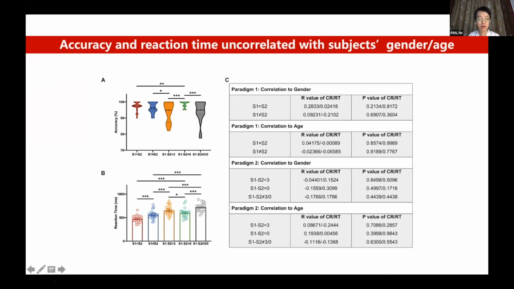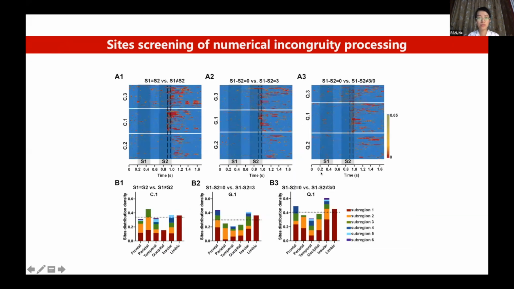That means the behavior data indicated the degree of difficulty of the subtraction problem. We also did some correlation analysis, which showed no significant correlation of the gender or age of the subjects with their behavior data.